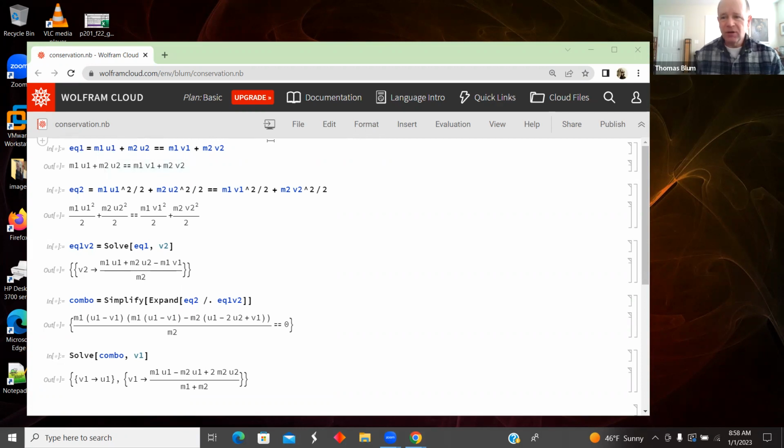Now, a little Mathematica explanation here. The physics equation has two equals signs, and then I have another equal out front, and this is just assigning or naming. So I'm naming this equation EQ1.